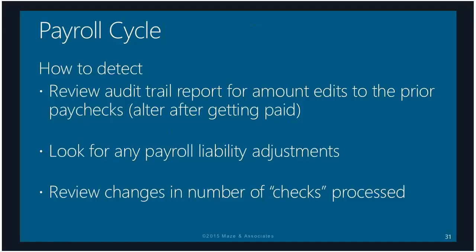So this is something that you could spot check from payroll period to payroll period. If the check numbers change and you know that there weren't any changes in the number of employees, then you know that there are additional checks being processed.